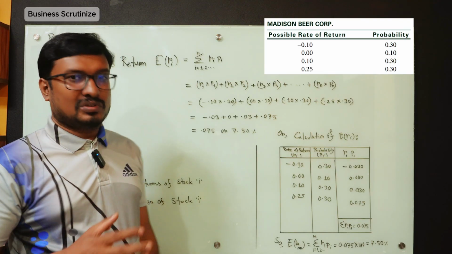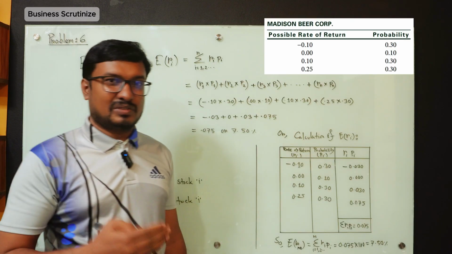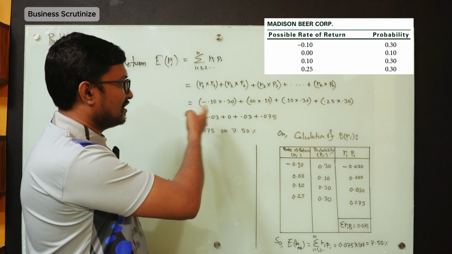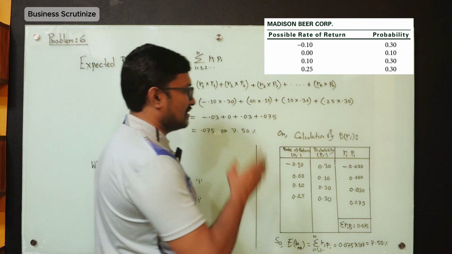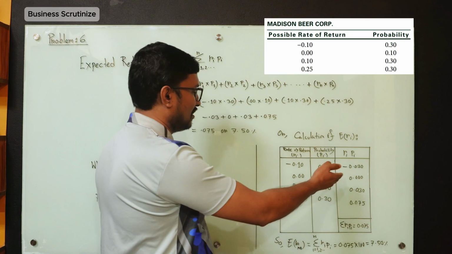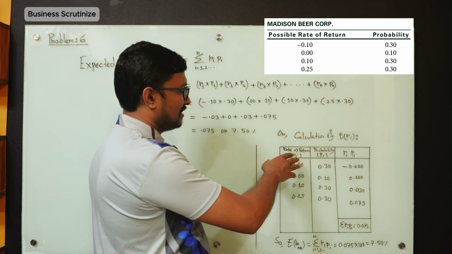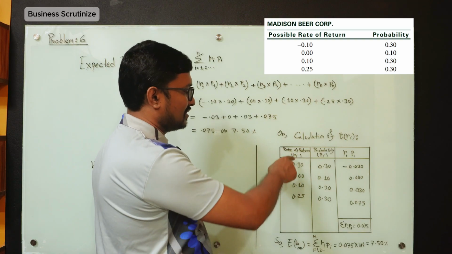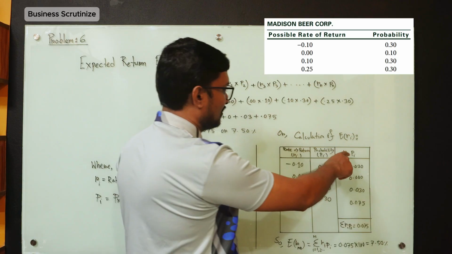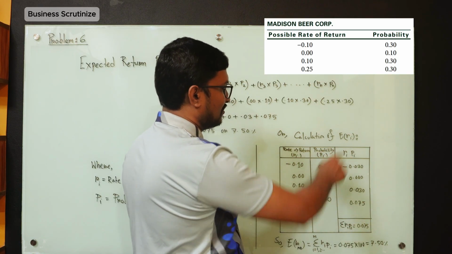So we can show this solution using a particular table, which is called the tabular format. We have already computed it in an equation, but we can also represent this problem solution in a table. There you can see we have already drawn a 3-column table: the first column is the rate of return, RI, then the related probability, PI. Therefore we have to multiply each return and probability, RI into PI.